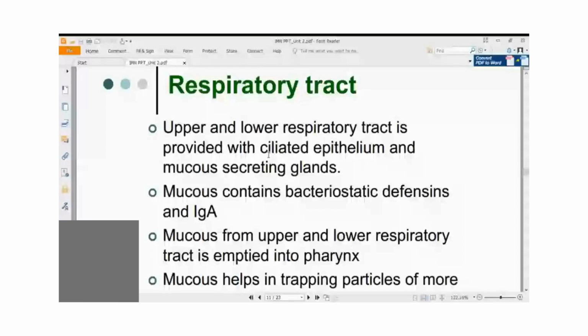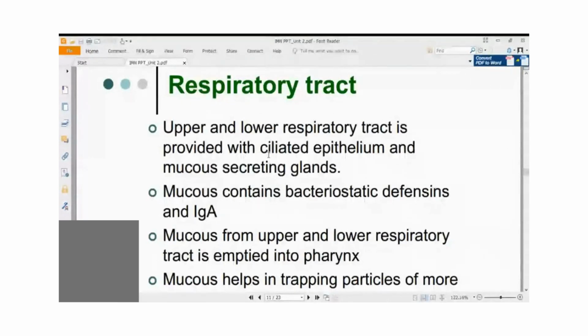And that ciliated epithelium beats the cilia in the opposite direction, not towards the lung, but in an upward direction. The mucus secreting glands are there in the epithelial lining, and that mucus is constantly being pushed upwards without your knowledge, and it comes to the pharynx region and gets emptied into your digestive tract.